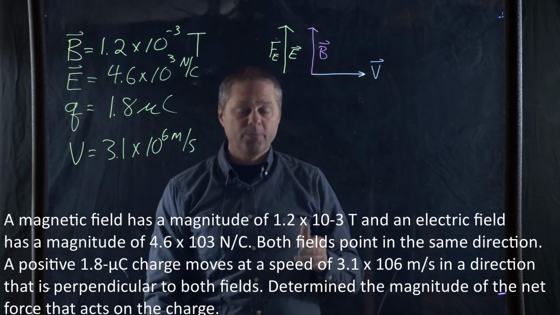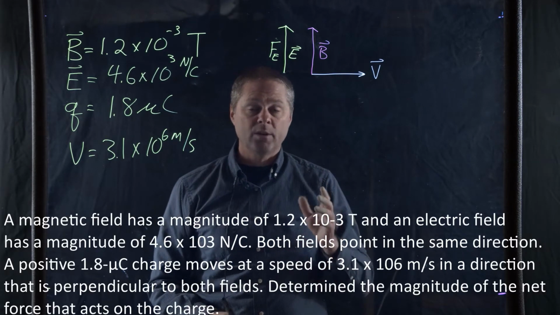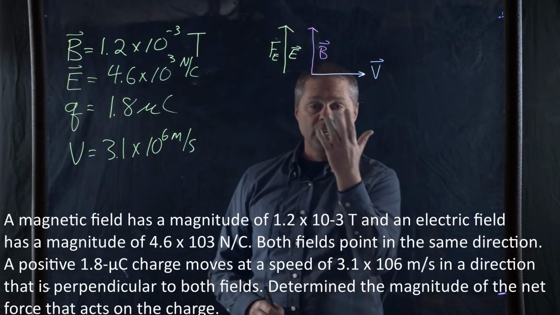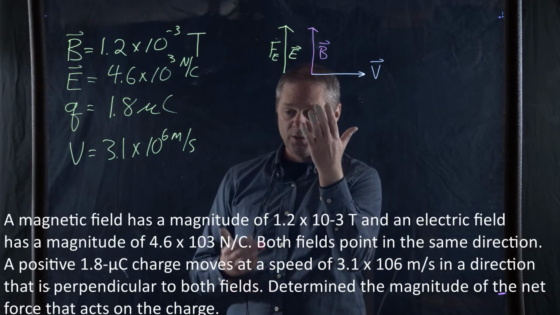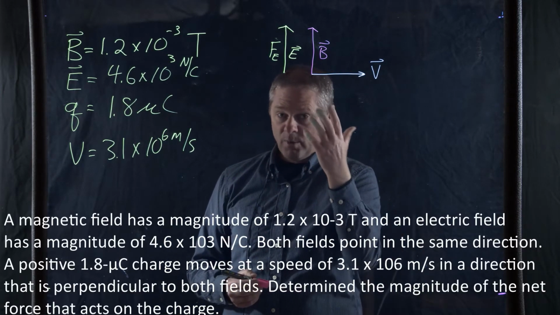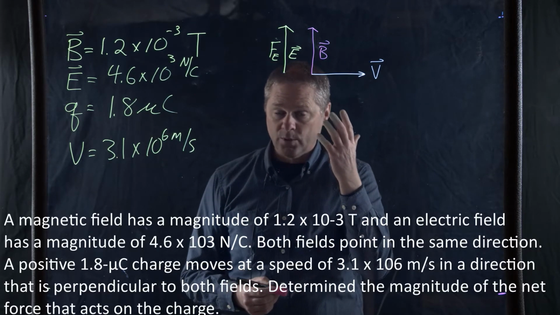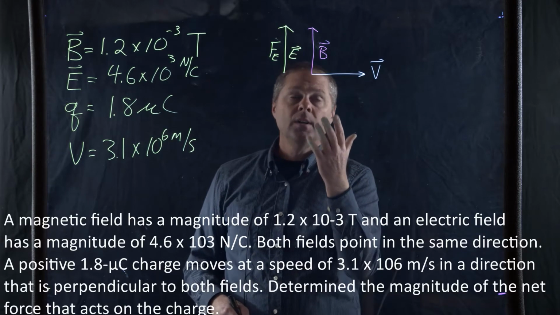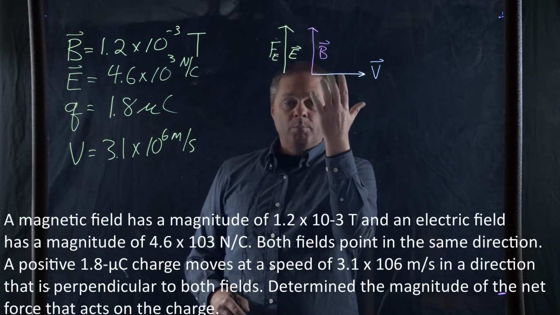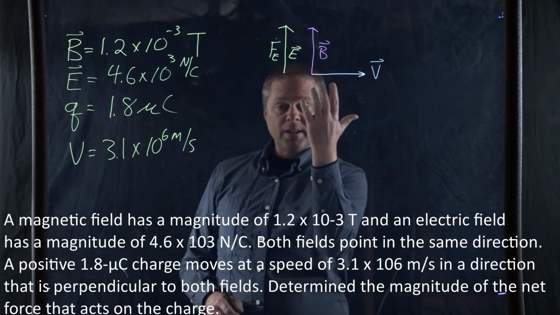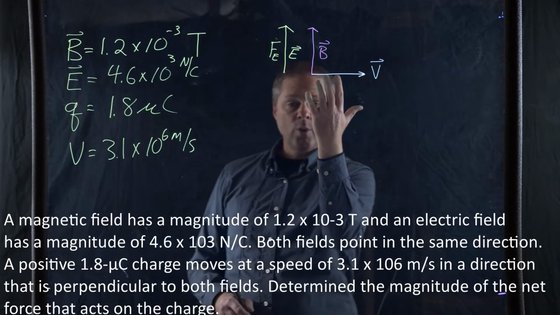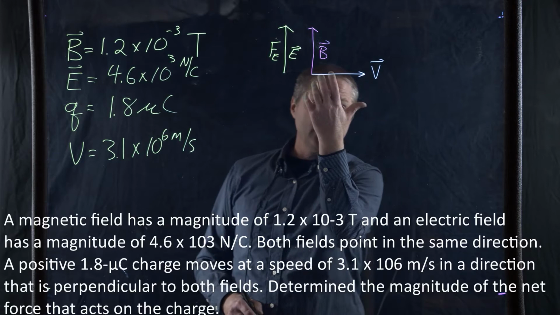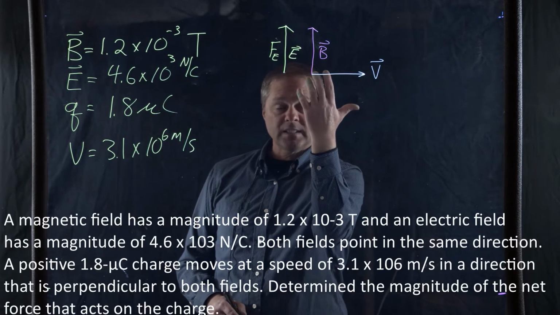Now let's deal with the force as a result of the magnetic field. You're going to take your right hand. It may appear as my left hand, but this is my right hand. I write with my left. You point your fingers in the direction of the B field, and your thumb represents the direction of the velocity vector.